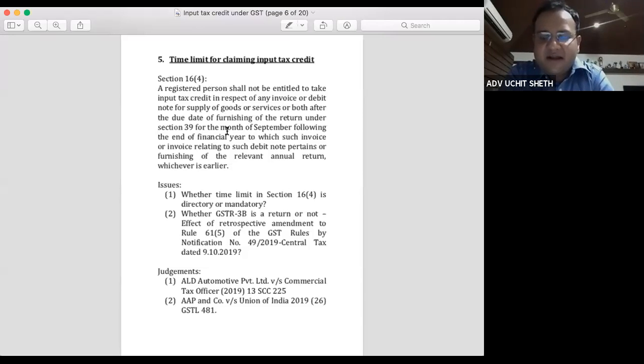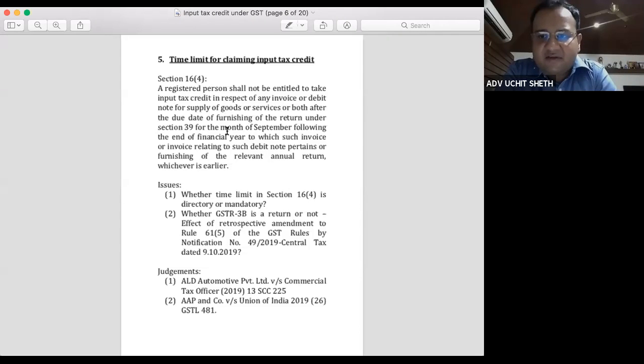So I cannot be denied the input tax credit on the ground that I did not claim it within the mandatory period. According to me, here, a recent Supreme Court judgment in the context of Tamil Nadu Value Added Tax Act is directly against such proposition. That citation is ALD Automotive Private Limited versus Commercial Tax Officer, 2019, 13 SCC 225.